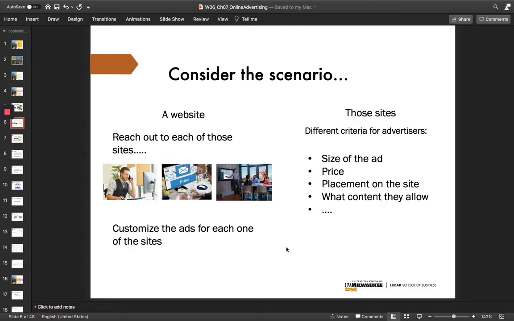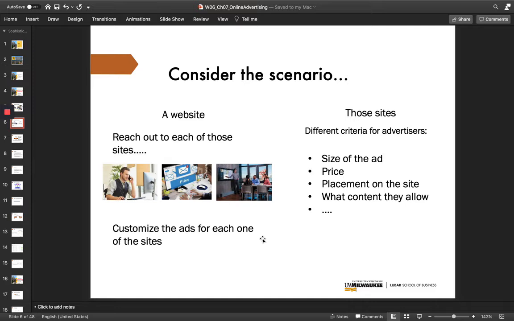Also, the marketers should customize the ads for each one of the sites, because different sites have different limitations, different rules, different appearance. So you have to do this for every advertisement per product.